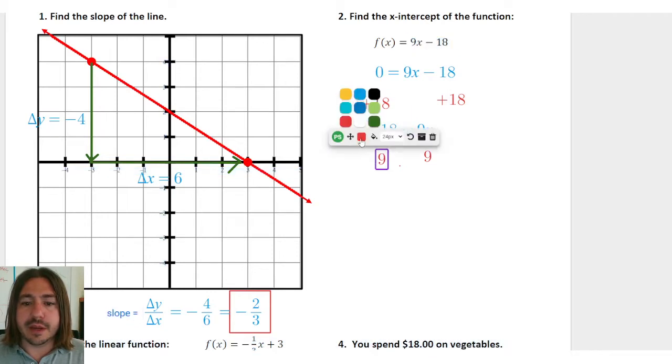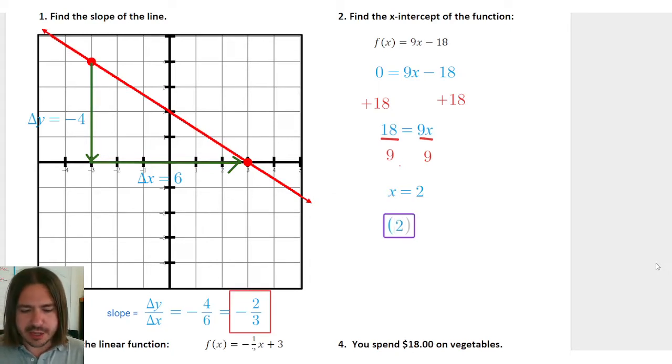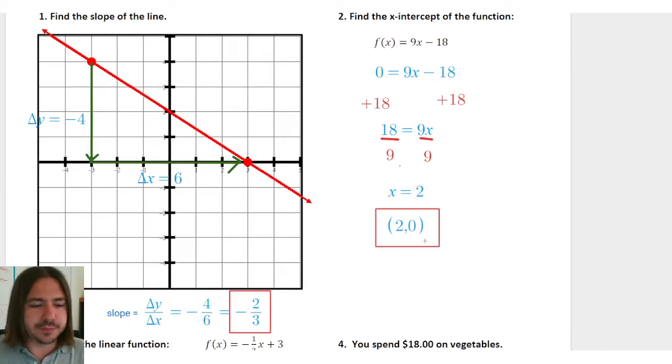And 18 divided by 9 is going to be 2, and so that's going to be my x-intercept here. So the line crosses the x-axis where x is 2. When we're talking about x-intercepts, it's usually good to write it as a coordinate, so I'm going to write it as (2, 0). So there is number 2.